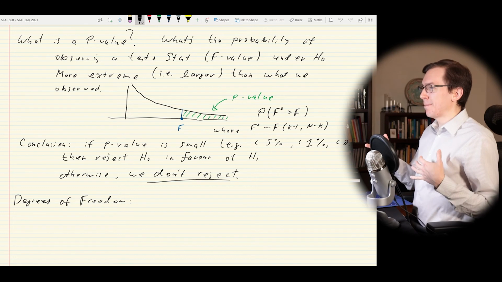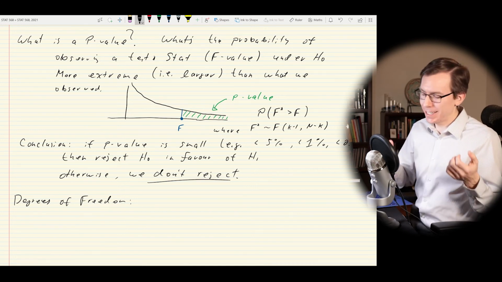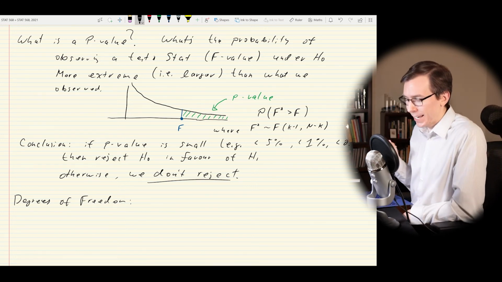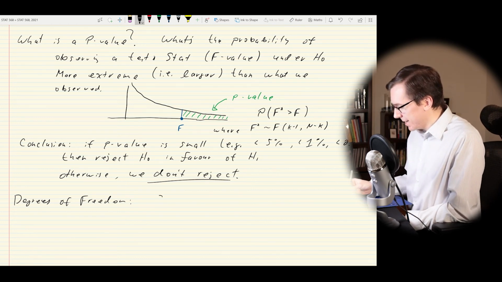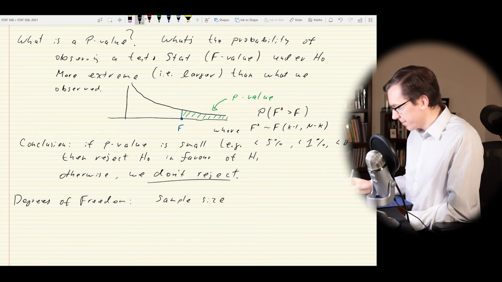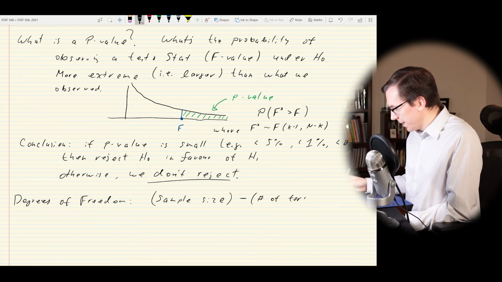So the way we can think about this intuitively, in some sense in all cases, but specifically in our one-way ANOVA, is that it is the sample size minus the number of terms to estimate.